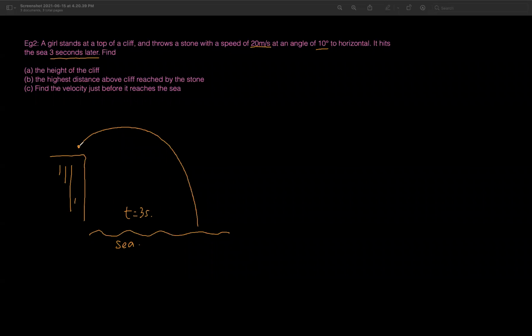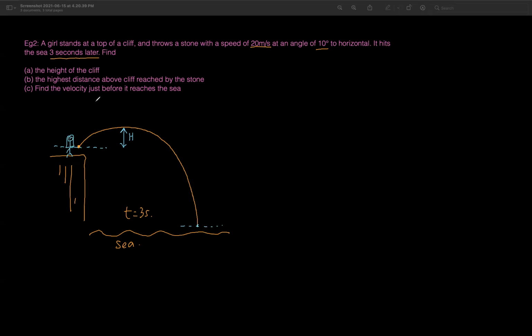This is the point of launch. So I'm going to take this the height here. What is the maximum height? This is the maximum height. Okay, and then at the final position is down here. The moment before it hits the sea. Okay, just before it hits the sea. Okay, now I'll draw a person here.